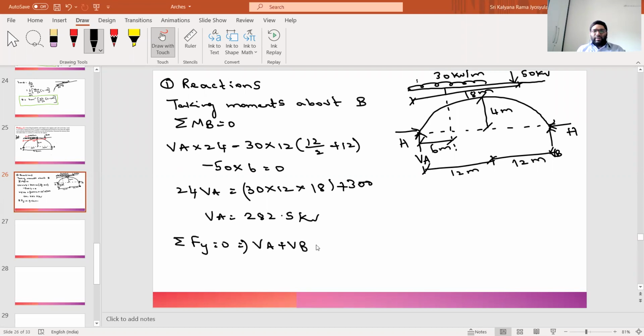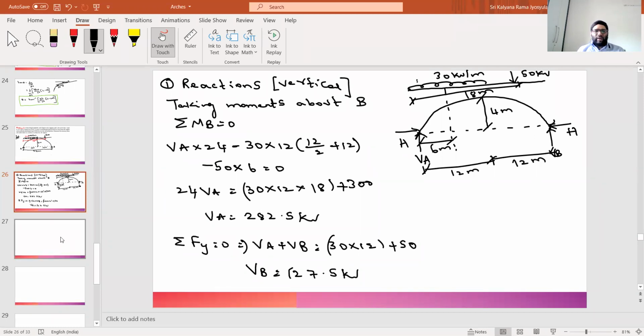So VB is equal to 12 into 30 plus 50 minus 282.5, so this is equal to 127.5 kilonewton. So now here, if you see, this is the vertical reaction. We are not calculating horizontal in the first step itself.